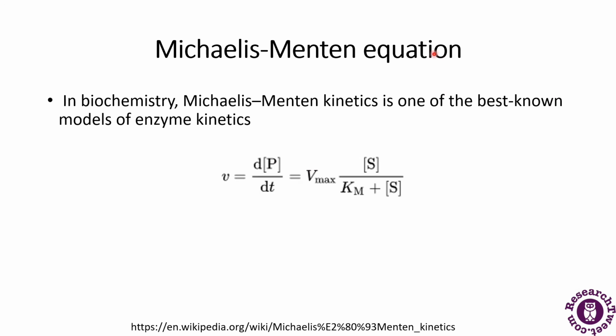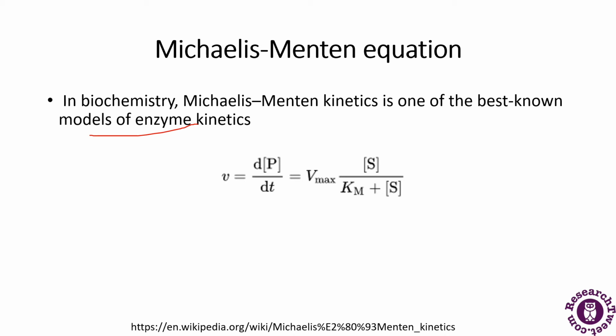Next we will talk about Michaelis-Menten kinetics. What is Michaelis-Menten kinetics? It is one of the best known models of enzyme kinetics. It was named after a biochemist, Michaelis, and a Canadian physician, Menten. That is why the equation is named the Michaelis-Menten kinetics.